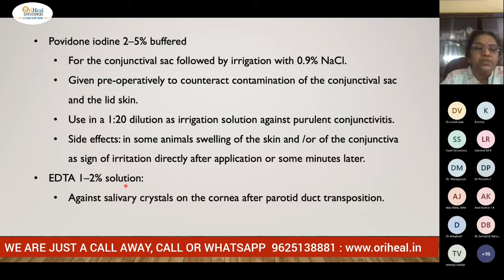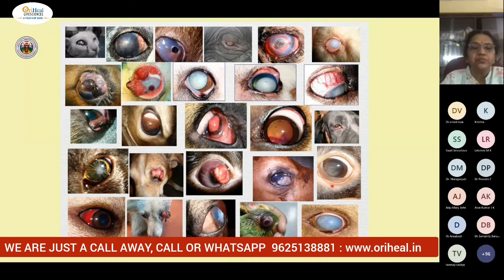And EDTA 1 to 2% solutions also can be used against salivary crystals on the cornea after parotid duct transposition. But we normally never do this procedure as a common thing because it is technically very demanding, and the desired effect after doing it is also less in KCS cases.